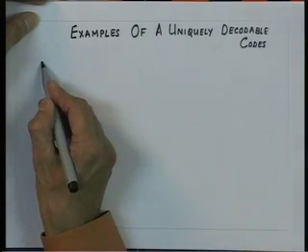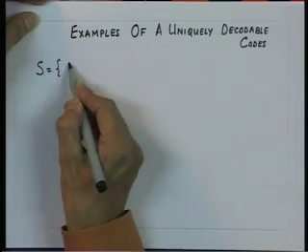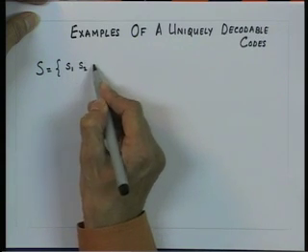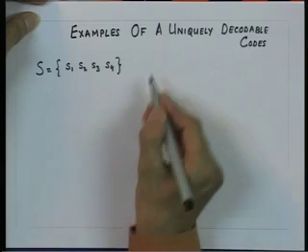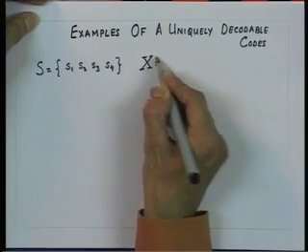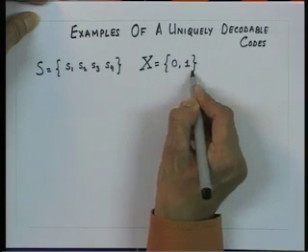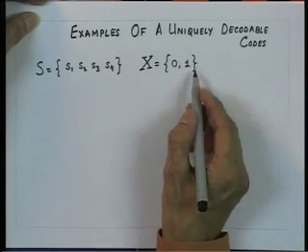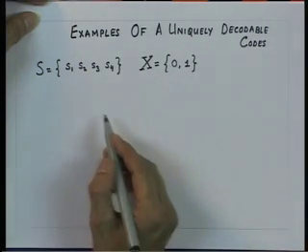Again, I consider that I have a source alphabet consisting of 4 symbols. I have my code alphabet which is binary, and I am interested in binary uniquely decodable codes.